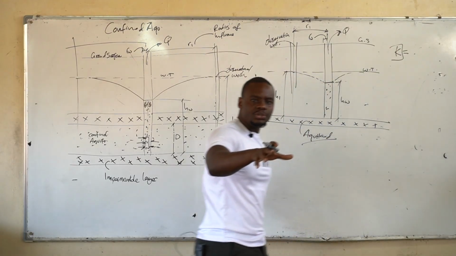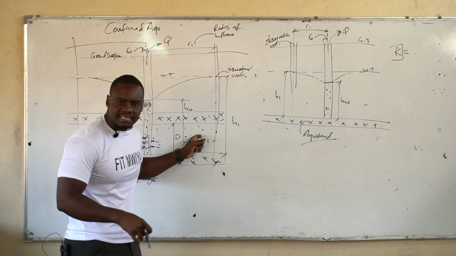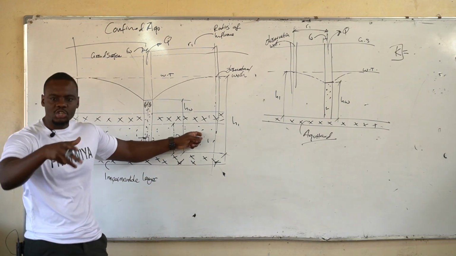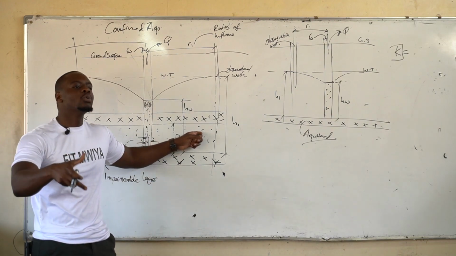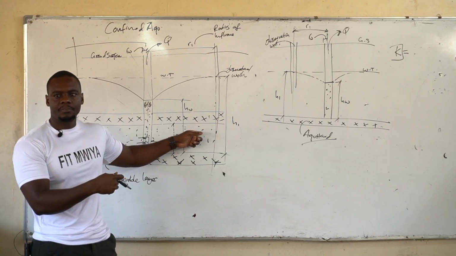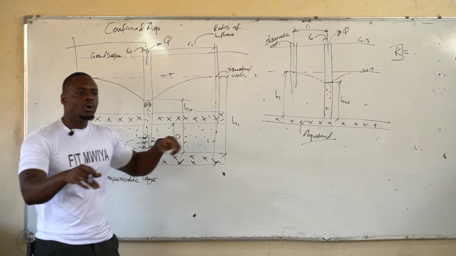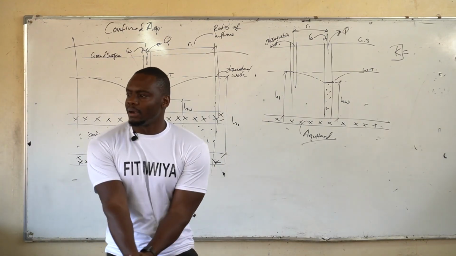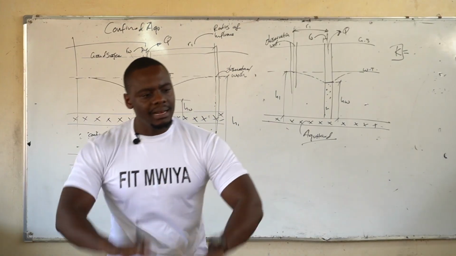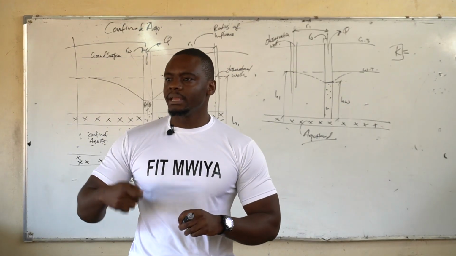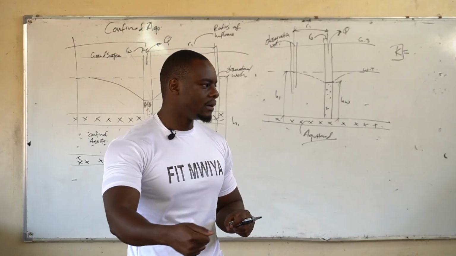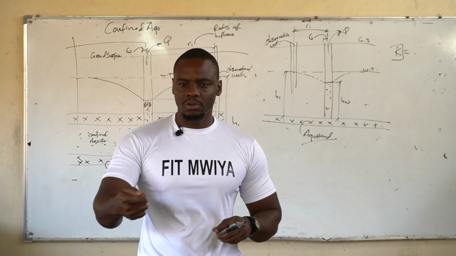So basically your K just informs you of how fast this medium you're drawing water from is allowing water to pass through it. Are we together? When we were defining what an aquifer was, apart from it being under the surface, we said it needs to give you enough water that can be useful, not so.